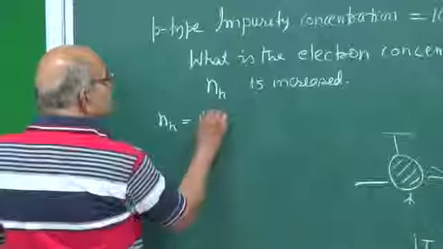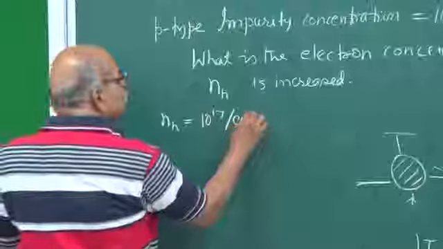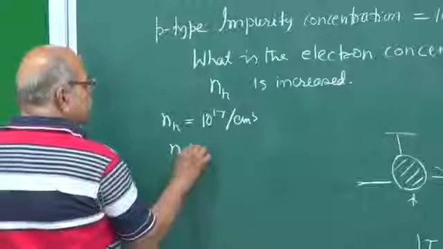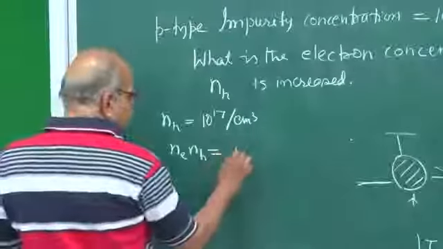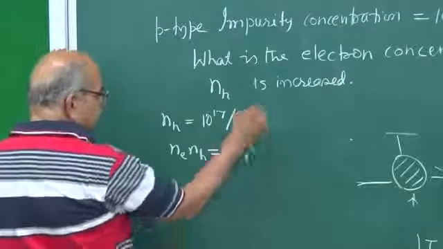10 power 17 per centimeter cube, and then Ne times NH is independent of doping, and that is Ni square, the intrinsic concentration square.